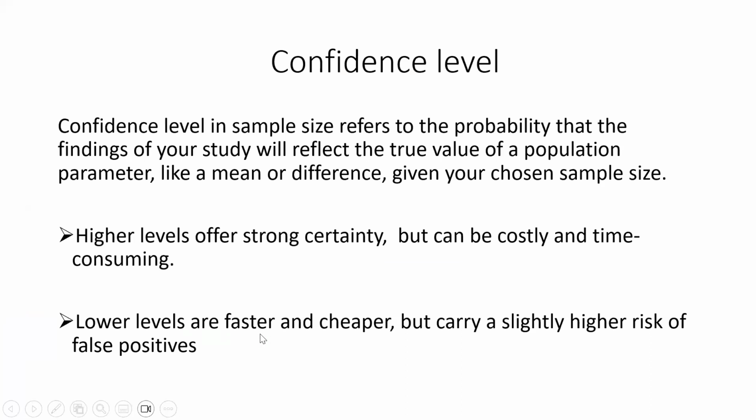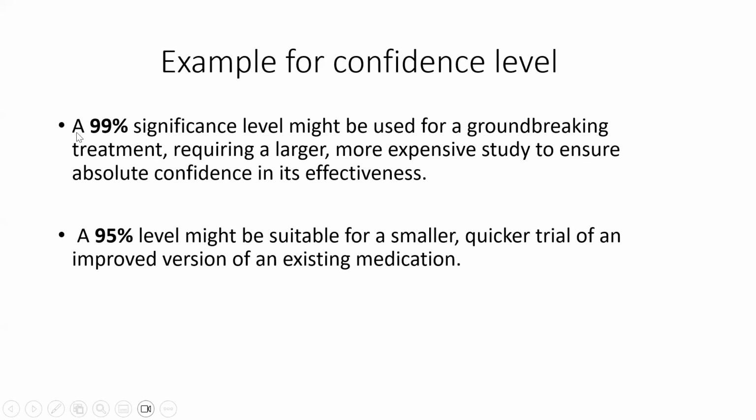A lower confidence level is faster and cheaper, but there is a high risk of type 1 error. So based on your requirement, you have to choose the confidence level. As I explained, a 99% confidence level may lead to a higher sample size, while 95% may be smaller compared to 99%. So based on the confidence level, the sample size goes up or down.